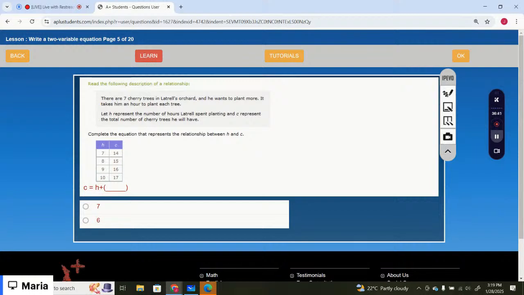That is option number 1 is the correct option. 7 plus 7 is 14. 8 plus 7 is 15. So, yes, that is option number 1.